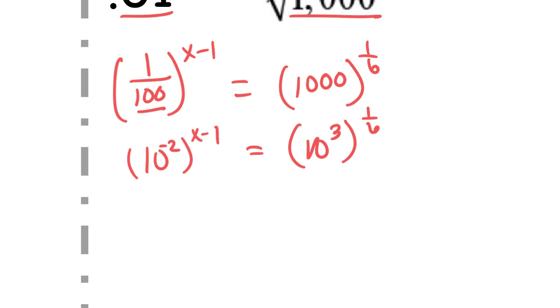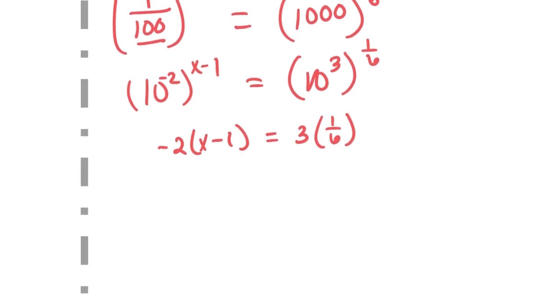Okay, so now we have like bases, so we can do negative 2 times x minus 1. And we can do 3 times 1/6. So here we get negative 2x plus 2, and we get 1/2. Now at this point, you can multiply across to get rid of the fraction if you'd like. Is that what we want to do?